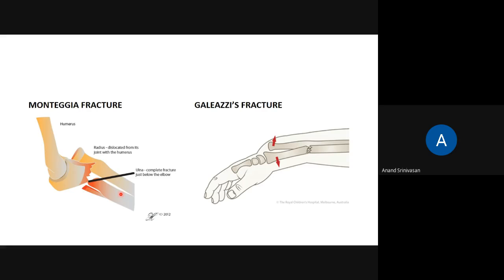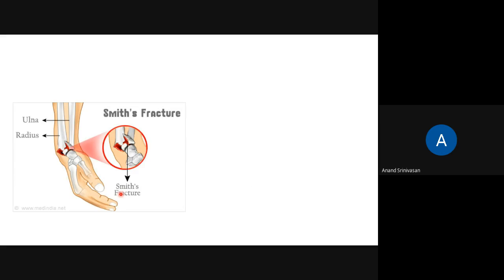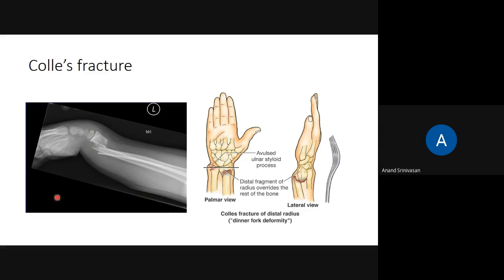Which nerve is more commonly affected? Like that we would ask you. In Colles fracture, you can see the distal segment is moved up, and the proximal segment is present more towards the wrist side. So which nerve is involved here? Any idea? The median nerve.